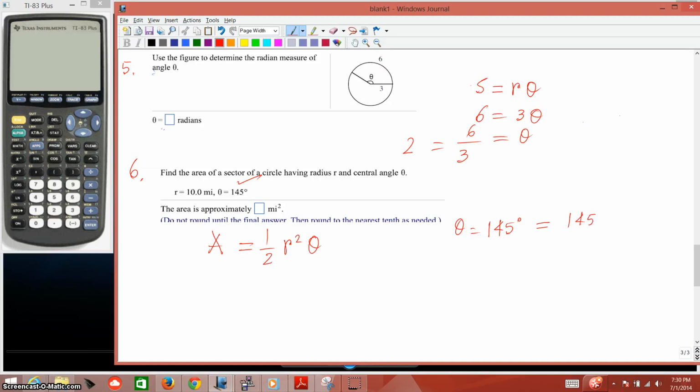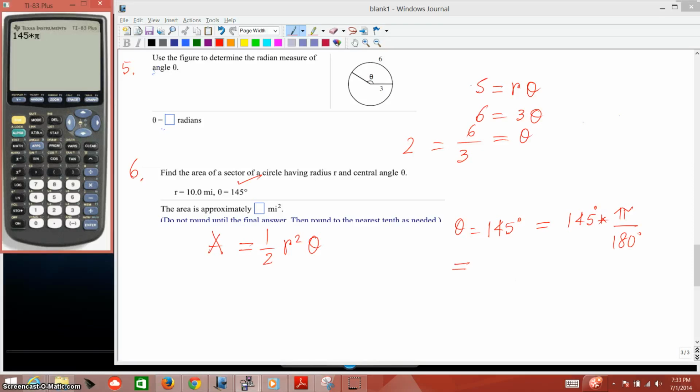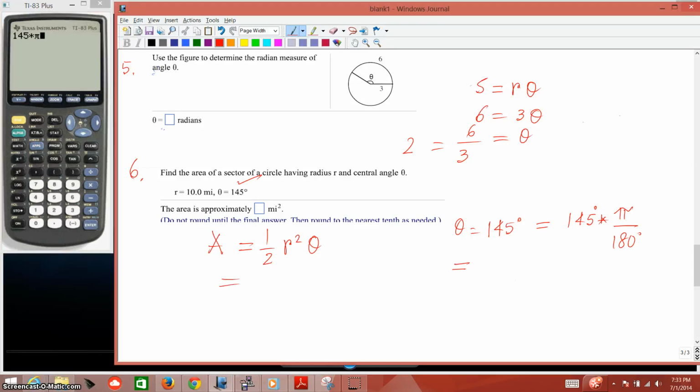So I will convert this to radian measure by multiplying by pi over 180 degrees. The degrees cancel, and that becomes your theta. Once you punch in all these values, half times r squared is basically 100, so 10 squared times your angle in radian value.